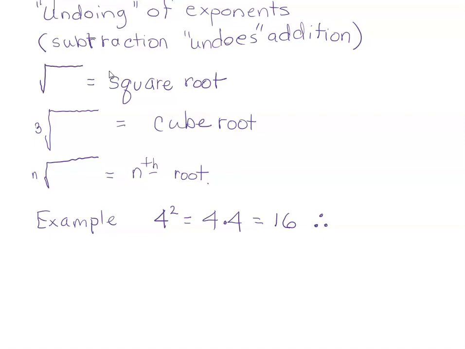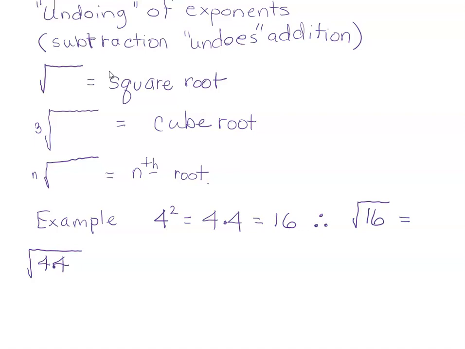Therefore, the square root of 16 is going to equal, and I'm going to pull this apart into its basic forms, okay? So I'm going to start with splitting it apart to be a 4 and a 4. So this is 4 times 4.